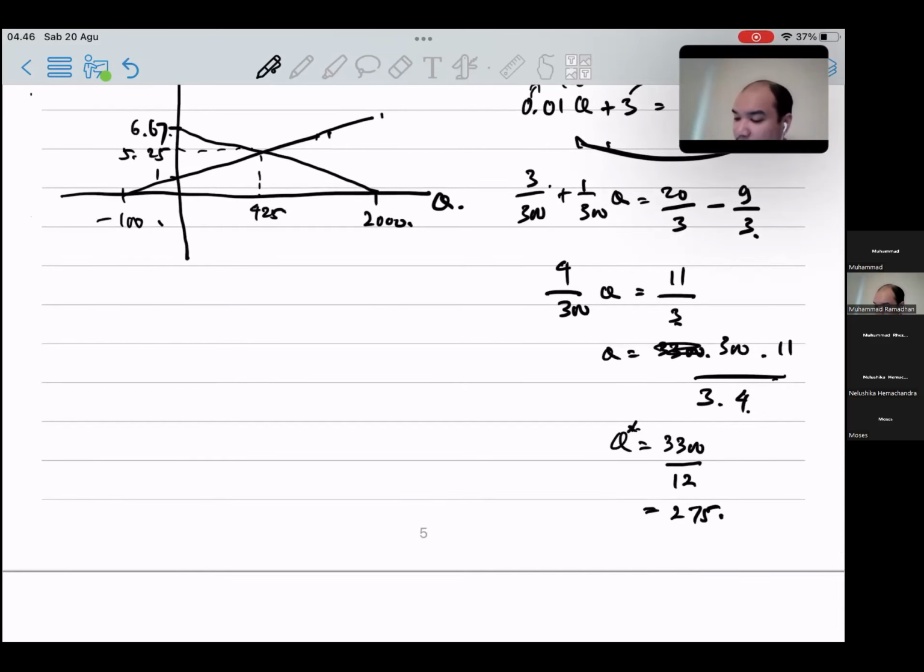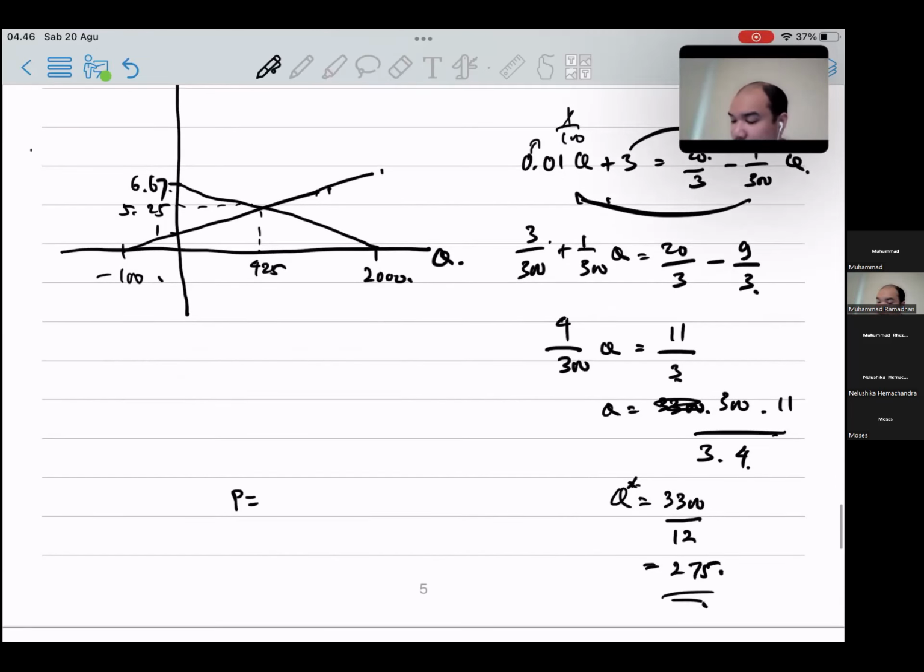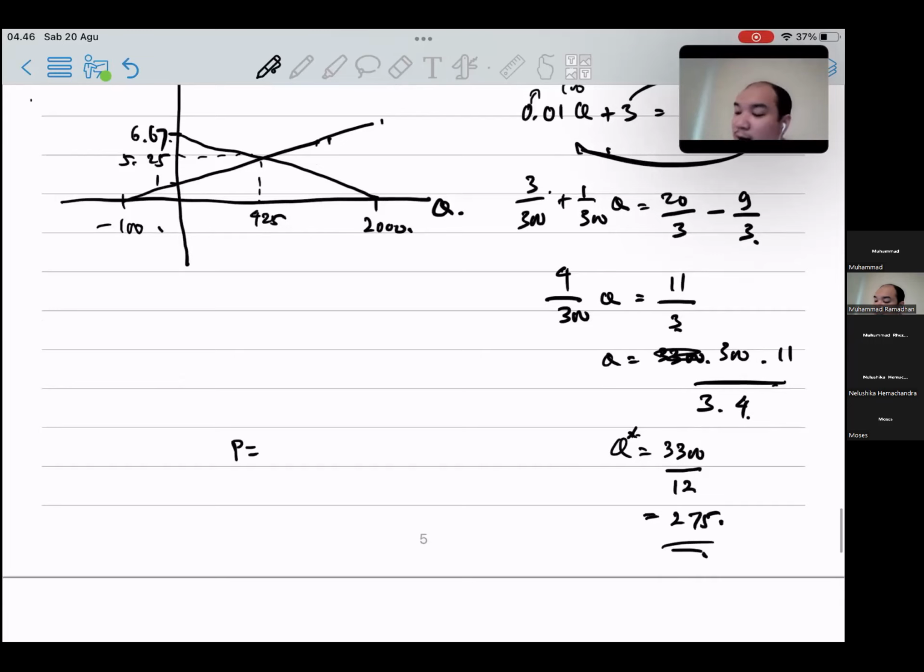So for P, you can apply this to either the new equation of demand or the equation of supply.